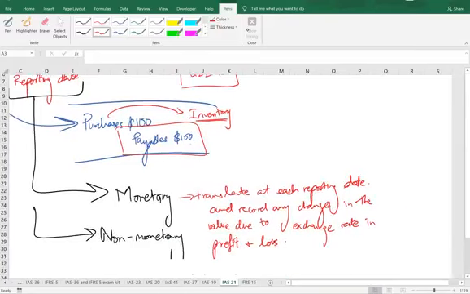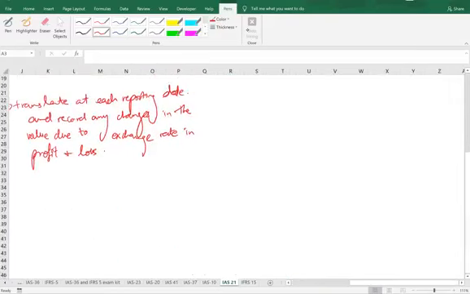At year end, let's say 1 USD equals 120 rupees. What's my liability right now? My liability is 10,000 rupees, right?